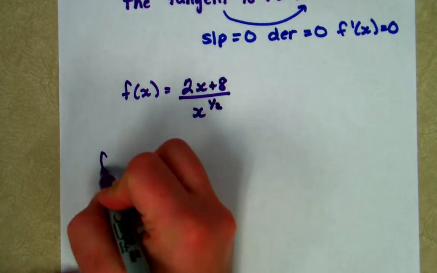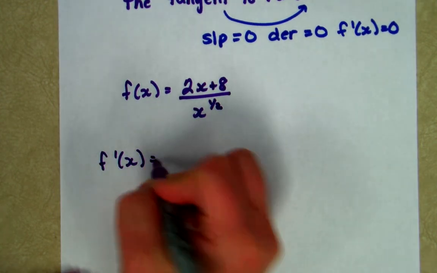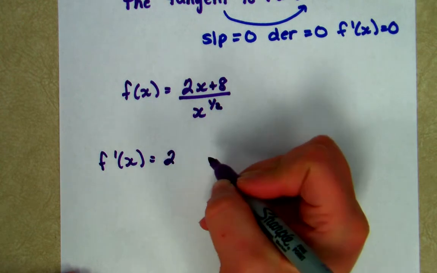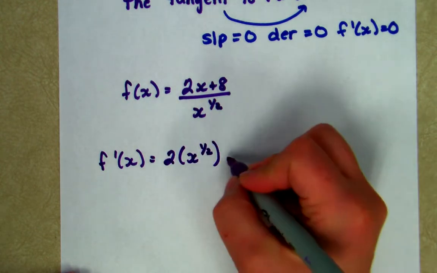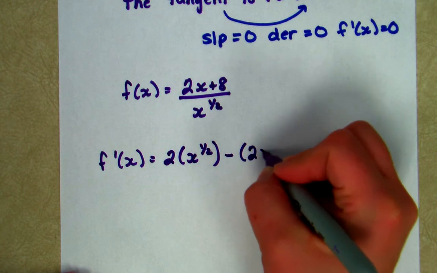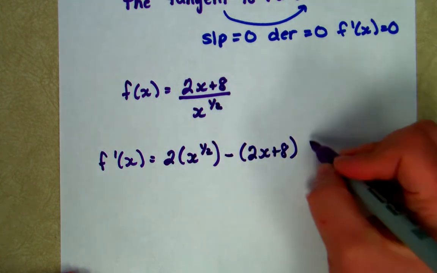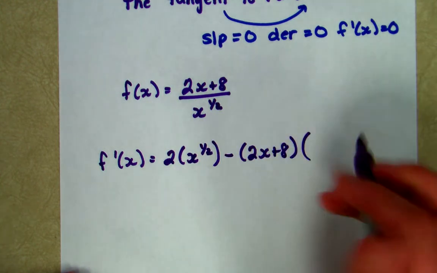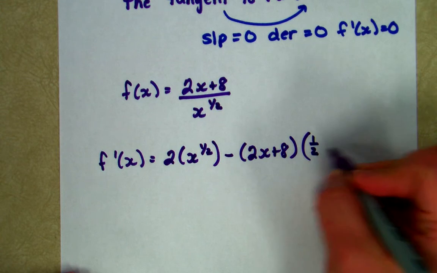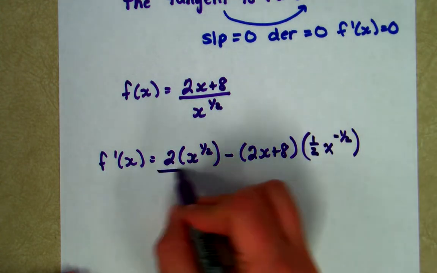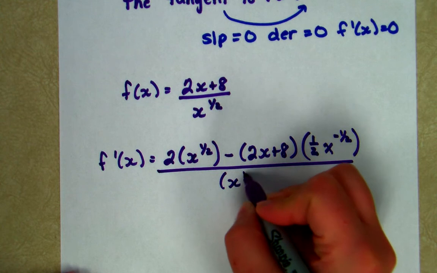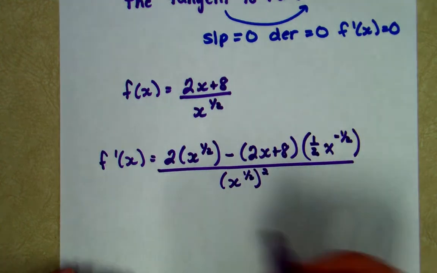So f prime of x is going to be the derivative of the top, which is 2, times the bottom, x to the 1/2, minus the top, 2x plus 8, times the derivative of the bottom, 1/2 x to the negative 1/2, all over the bottom, x to the 1/2 squared.